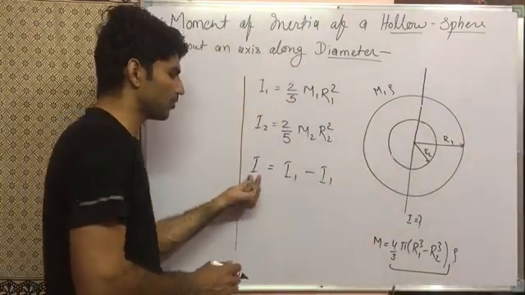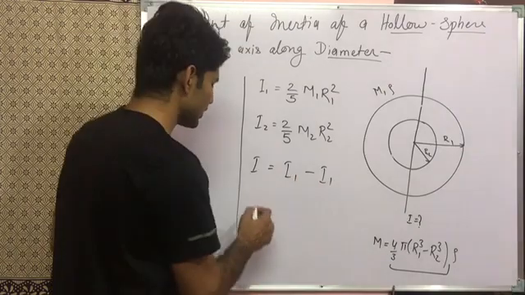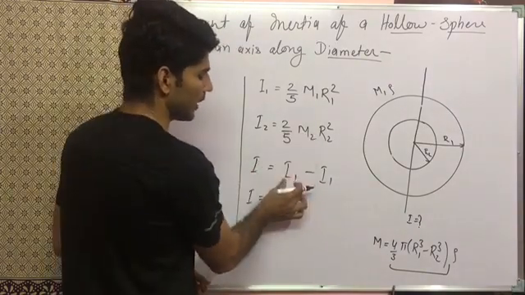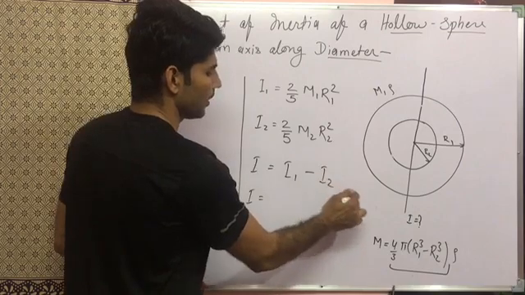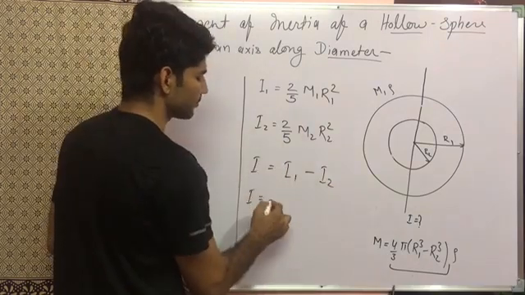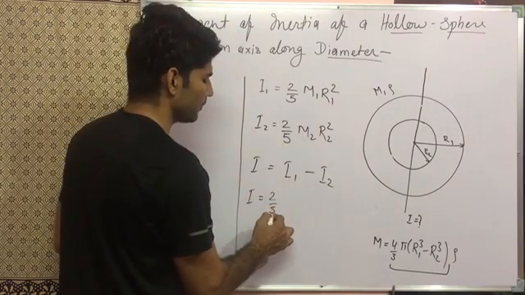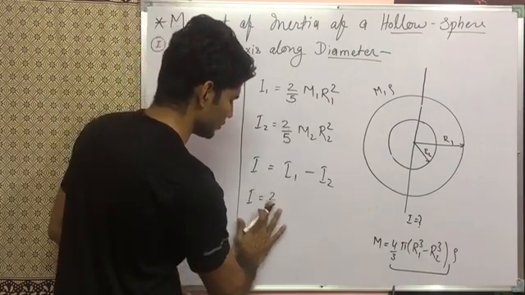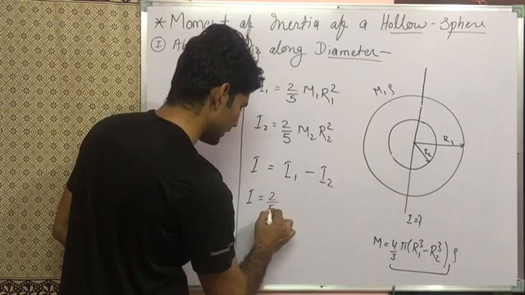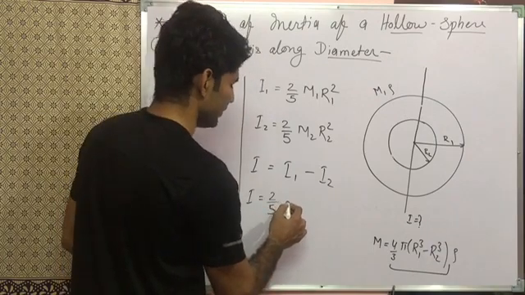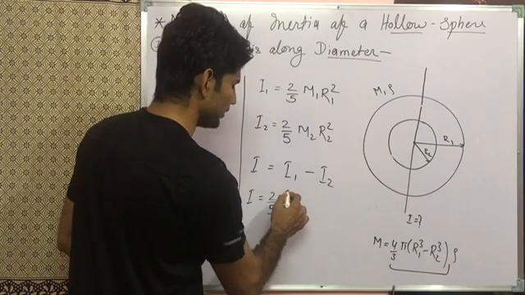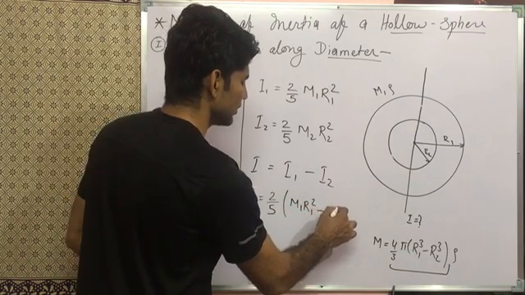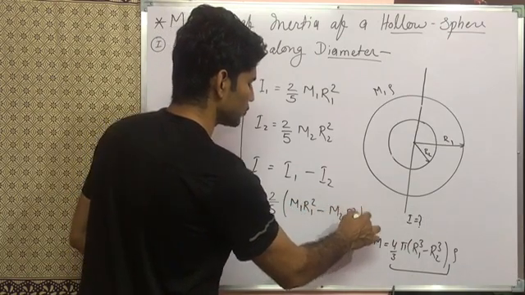So our moment of inertia I will be I1 minus I2. In both cases 2/5 is the same constant, so we take it common and write M1 R1 square minus M2 R2 square.